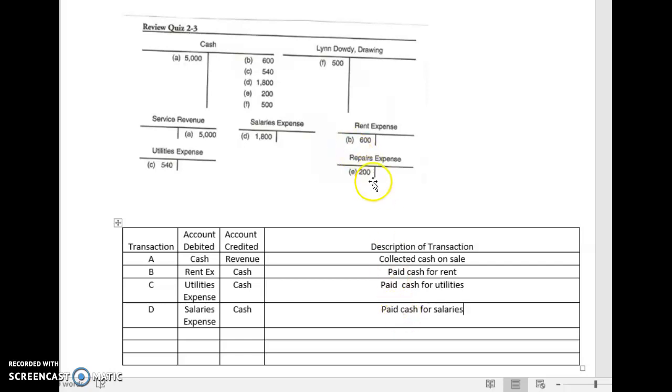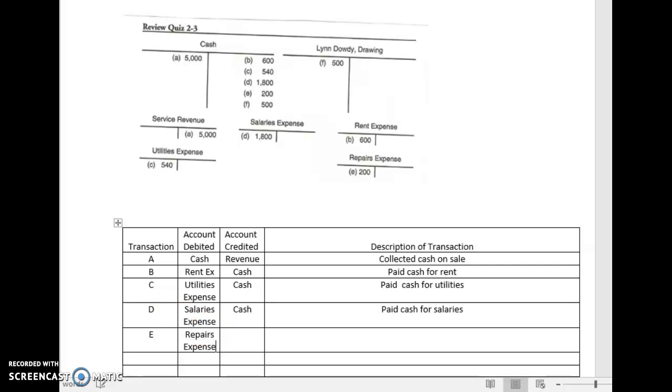Okay? Now, let's go to transaction E. I'm seeing right here, E is a debit to repairs expense and a credit to cash. So, E, going along with my other expenses, I have debited repairs expense and I have credited cash. And I know that because this amount is on the right side of the T account.